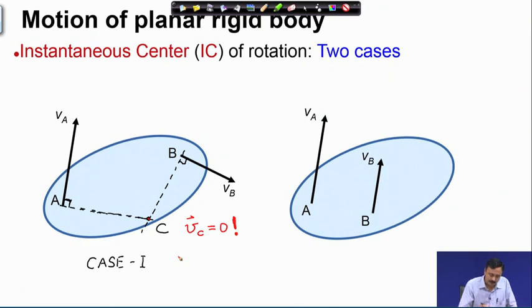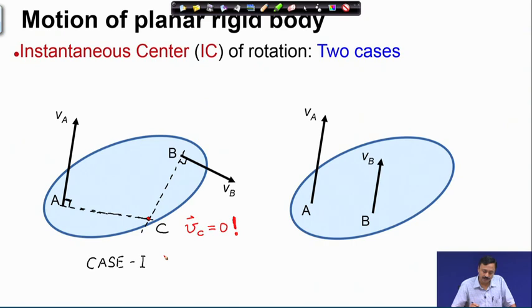Why? Because along B C there is no projection of V b, therefore, the velocity of C along C B must be 0. The velocity of C along A C also must be 0, because V a also does not have any projection along A C. So, the projection of the actual velocity of C along two directions is 0.